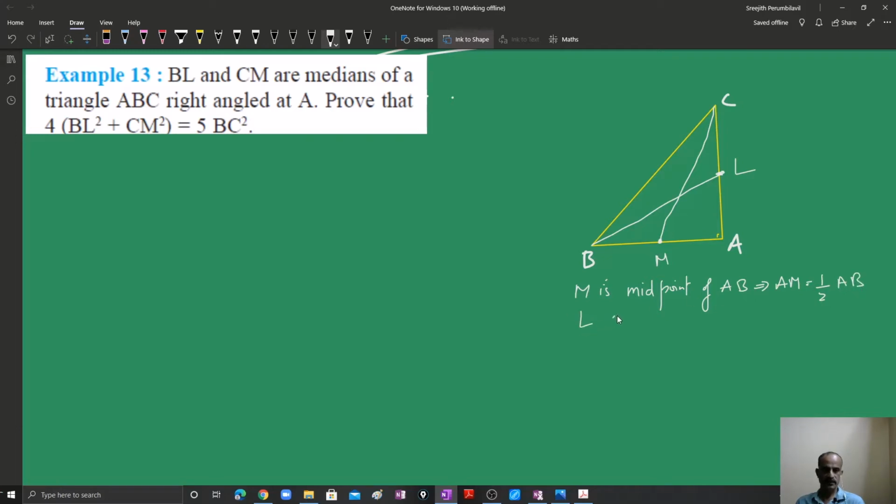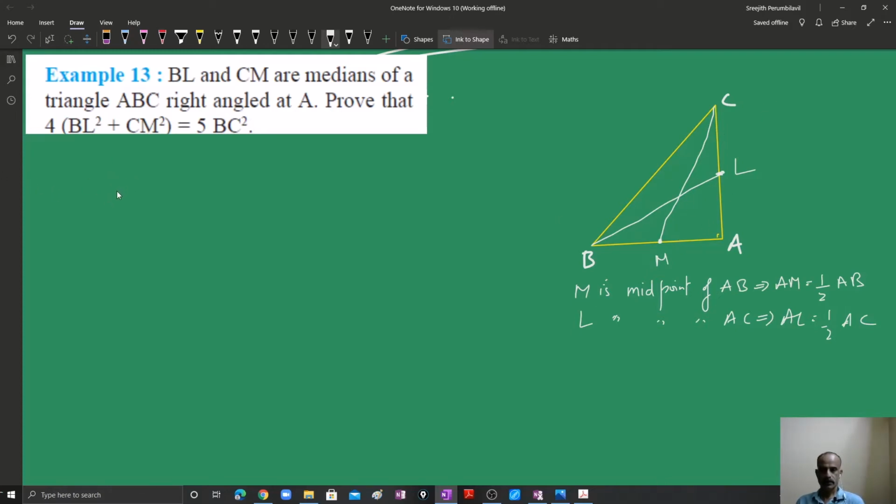Similarly, L is the midpoint of AC, which implies that AL is equal to half AC. This is the ingredient for doing this question, and the remaining thing will come on its own. So what do you have to prove? You have to prove that 4 BL square plus CM square is 5 BC square. Okay, let us do.